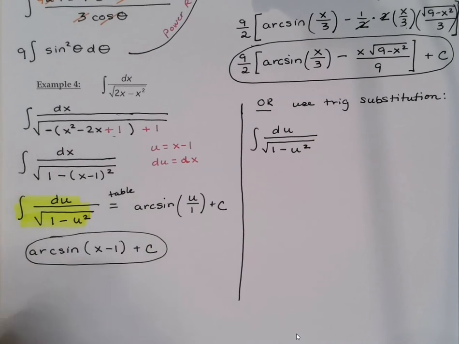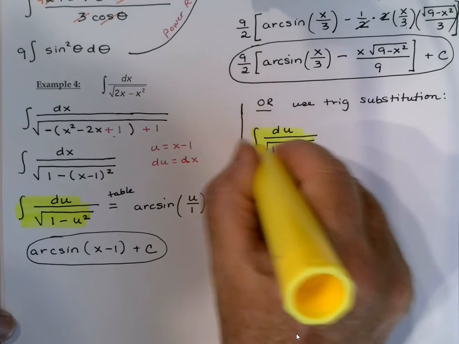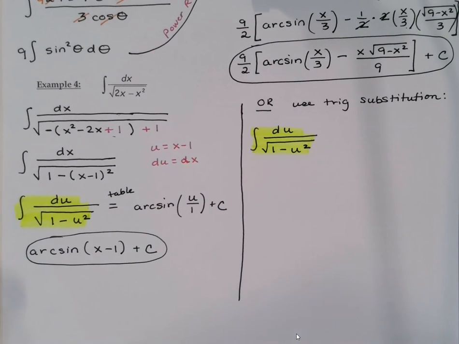And instead of looking it up in a table of integrals, I'm going to use my new trig substitution technique. So we're starting from that same point. The previous step, the completing the square step, we certainly don't have to repeat.